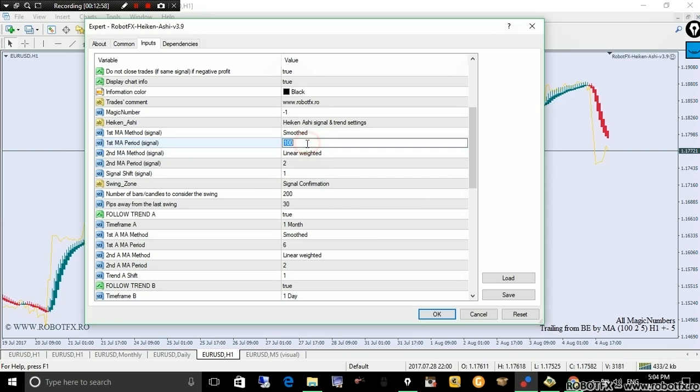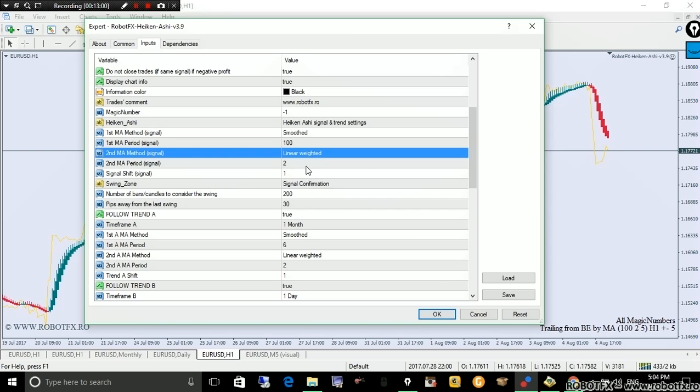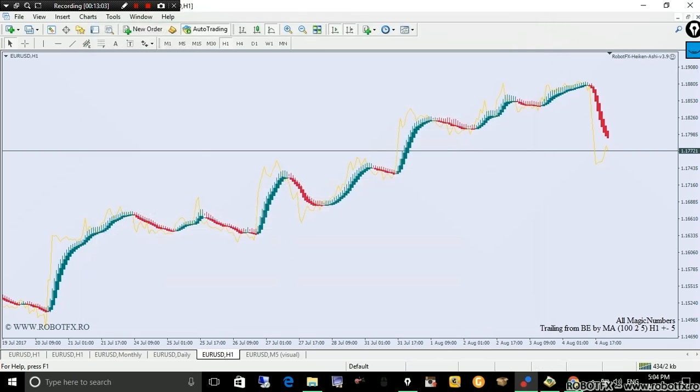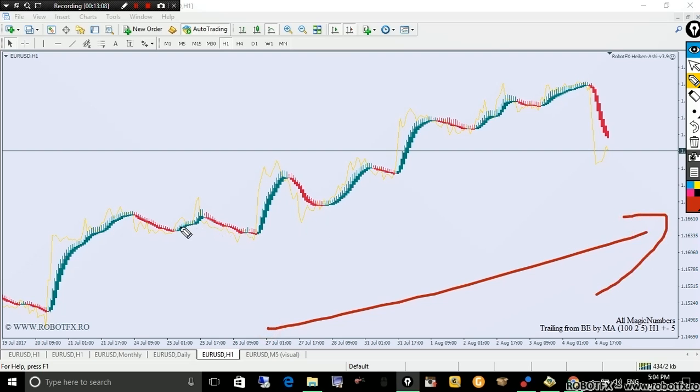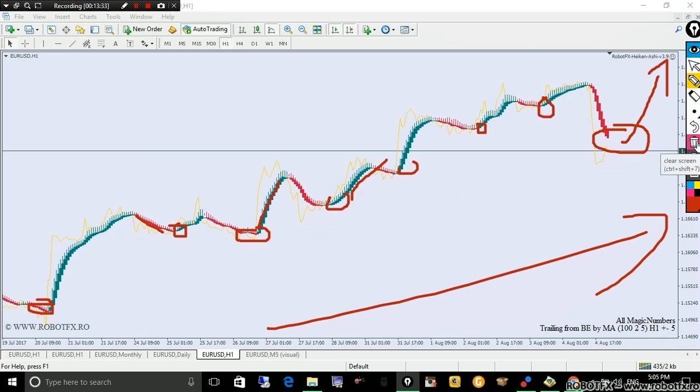We use the Heiken Ashi settings on this chart, which means that if we follow this trend, as I said before, the expert advisor will open a buy here, and we'll probably open another buy right here when the Heiken Ashi candles change again from red into green, whenever the color changes from downtrend red into green or blue, depending on how you see this color.